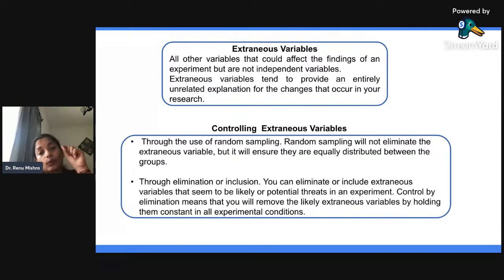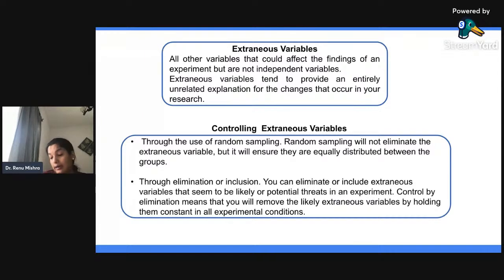Now the question comes of controlling these extraneous variables. Generally, random sampling will not necessarily eliminate extraneous variables completely, but when you are randomly choosing the sample, it will evenly distribute these variables, so there are no concentrated sections of them. The second thing is taking inclusion or exclusion criteria.